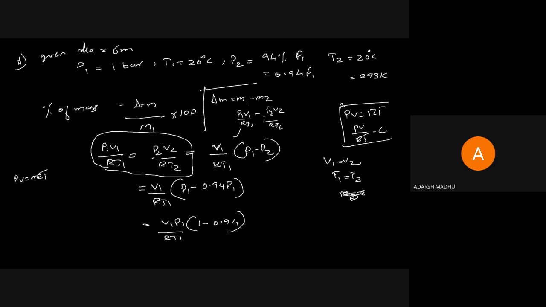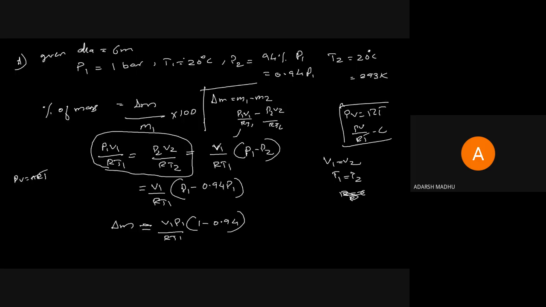Here V1 equal to V2, T1 equal to T2, R equal to R, so I am taking the common term outside and the remaining term is P1 minus P2. That is delta M, equal to P1 V1 by RT1 into 1 minus 0.94.